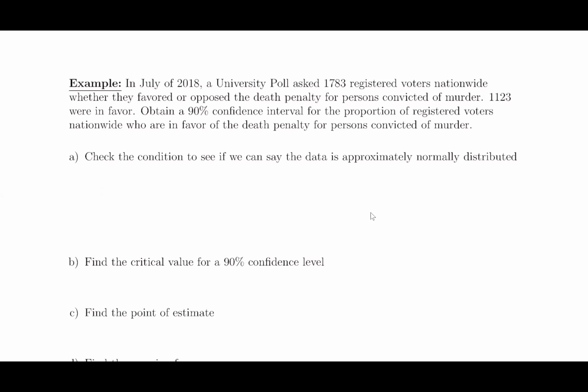So first, you want to look at everything that's given to you. The first thing given is the 1,783, which is just your n. So n is equal to 1,783. Then they tell you that of the 1,783, 1,123 are in favor, so we'll say x is 1,123.